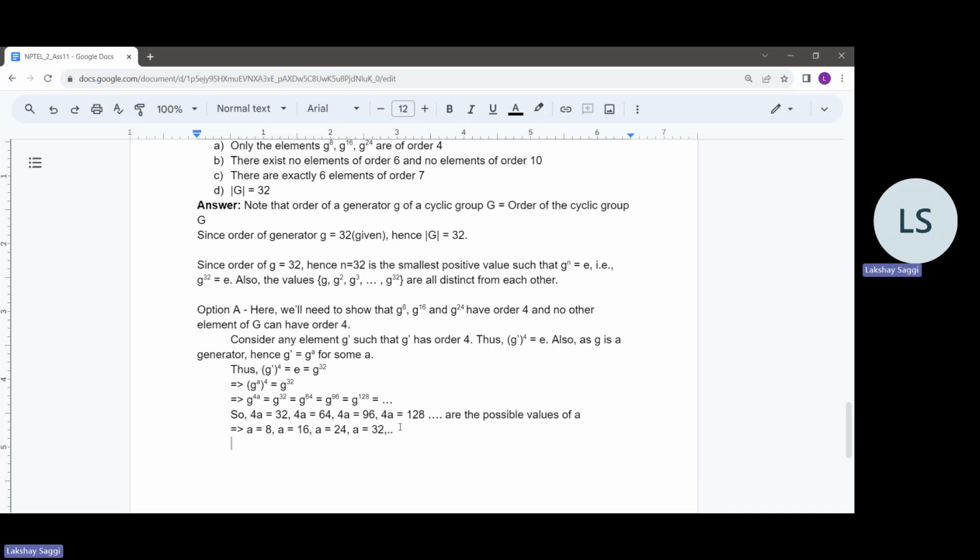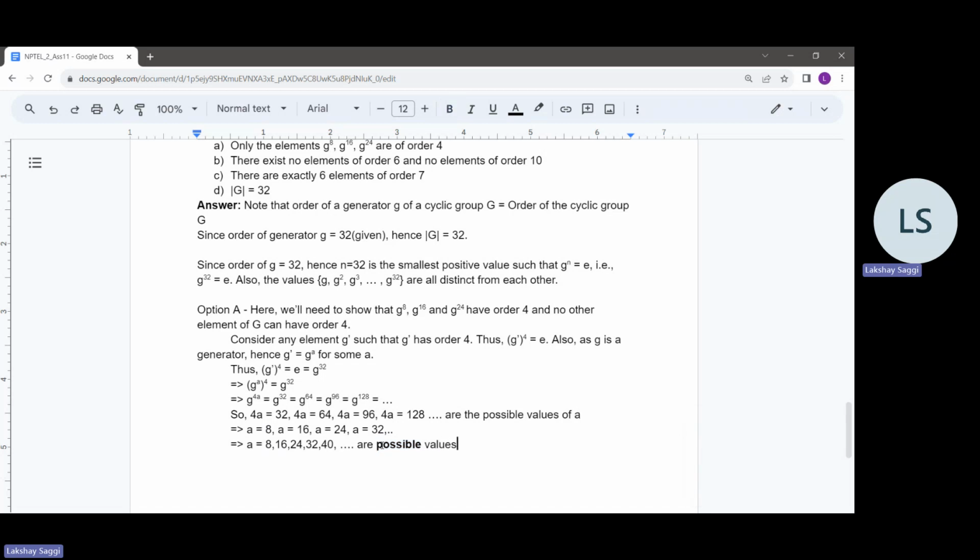So this implies that A equals 8, 16, 24, 32, 40, and this series going to infinity are possible values of A.